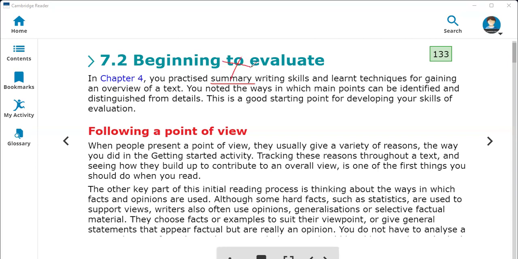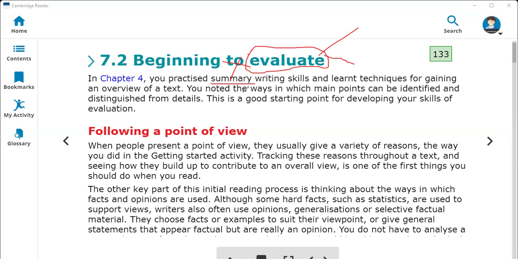It's not summary writing. When we talk about evaluation, it means that you have to give your viewpoint on the ideas or opinions given in the text. Okay, so if they are against you, then you have to convince your reader of your viewpoint. You have to give counter arguments, right?